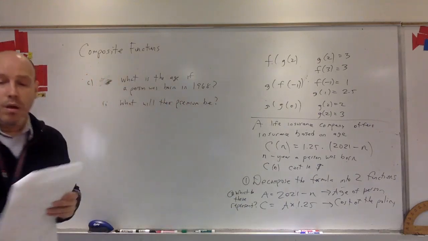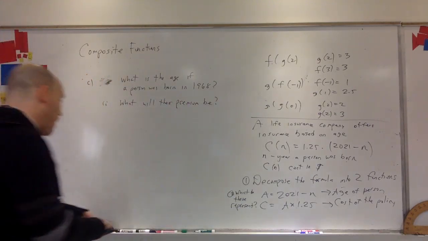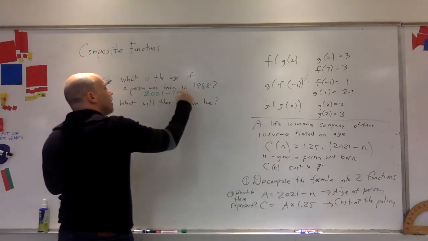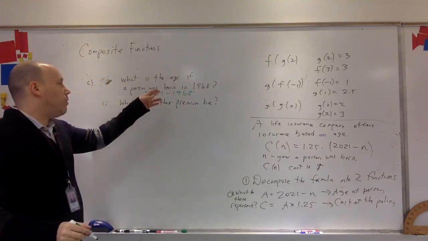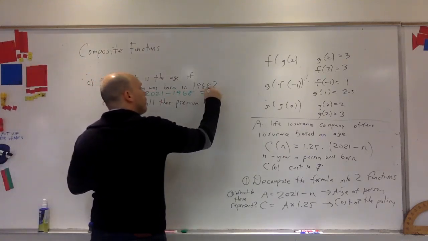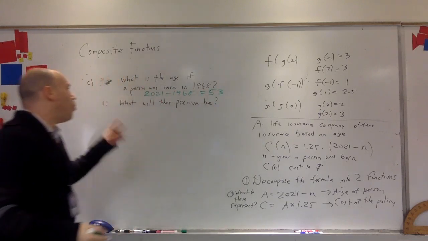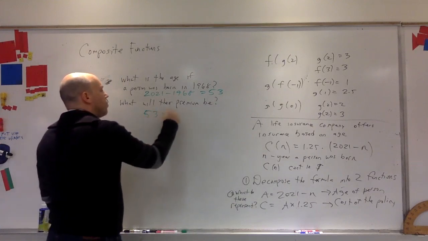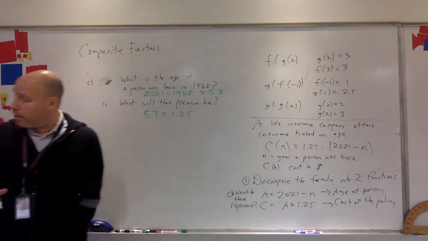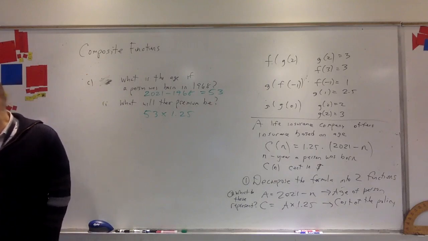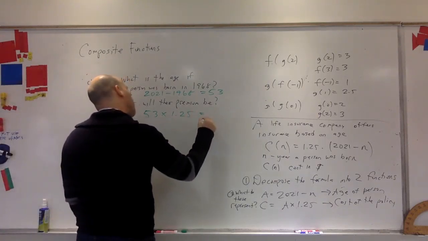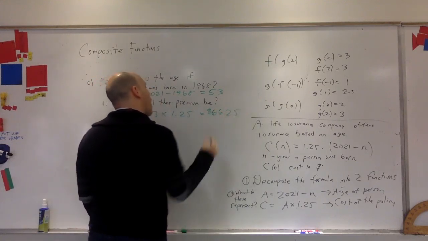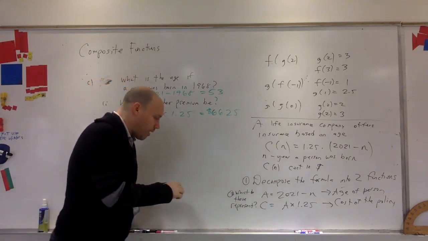So let's figure that out. Well, we know the age is 2021 minus 1968, which is 53. Last, what will their premium be? Well, 53 times 1.25 is 66.25. $66.25 a month.